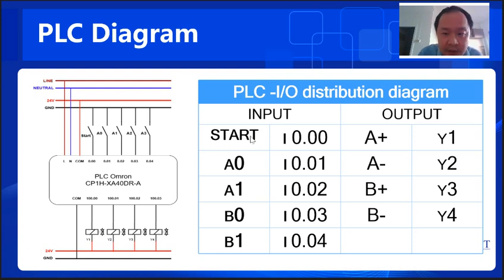Start is the start signal input. A0, A1, B0, B1 are the piston position signal input points of the two cylinders, and A plus, A negative, B plus, B negative are the control signal outputs for the extension and retraction of the pistons of the two cylinders.